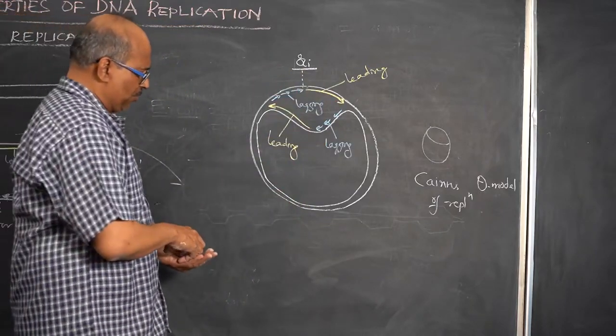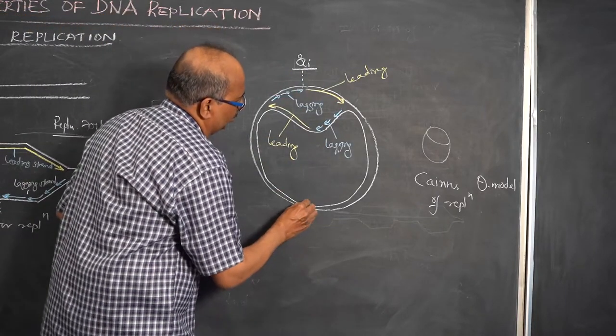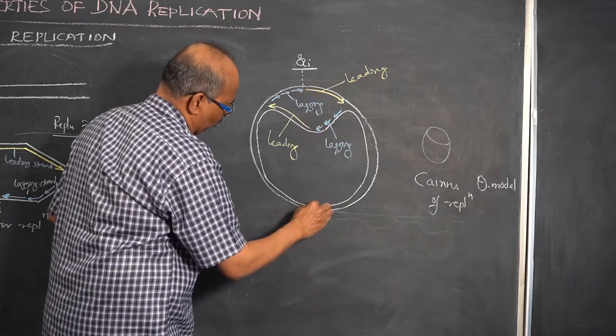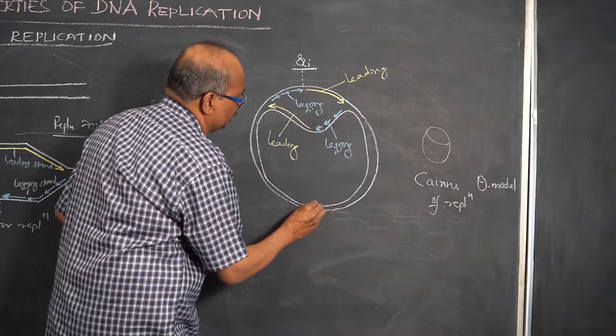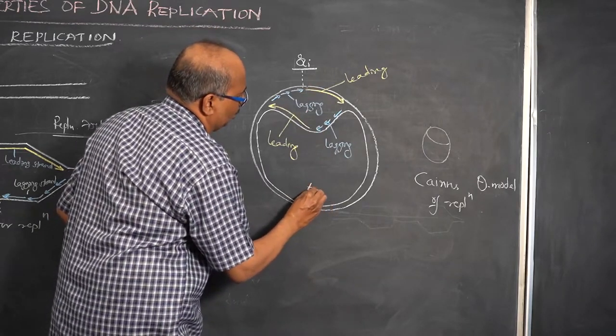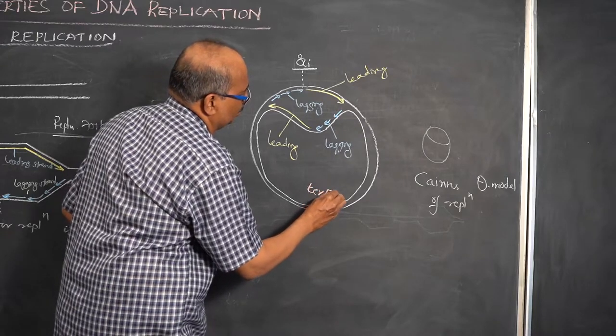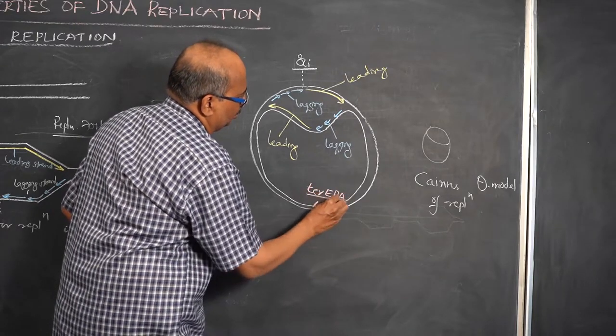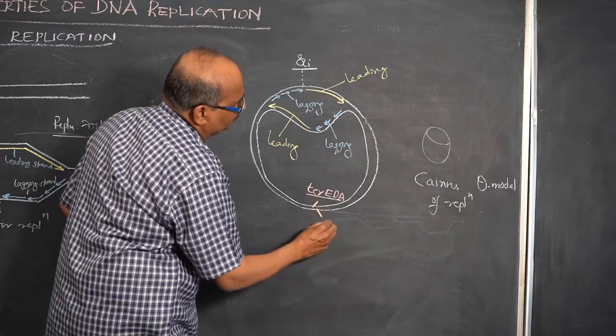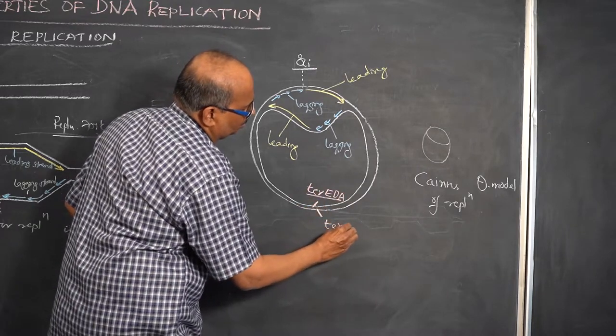So terminations, you will have one termination here, almost 180 degrees, that we call Ter-A. And we have the second termination on this side, which we call Ter-BC.